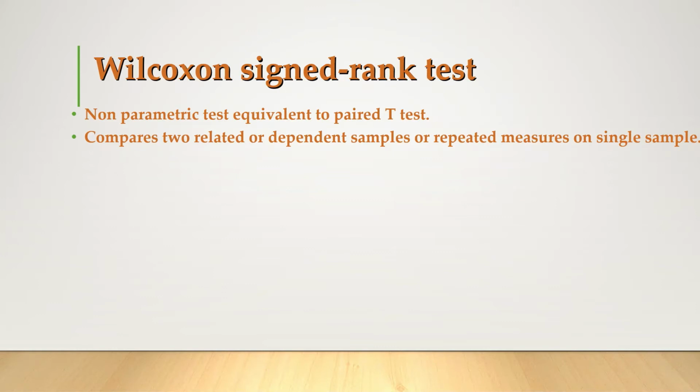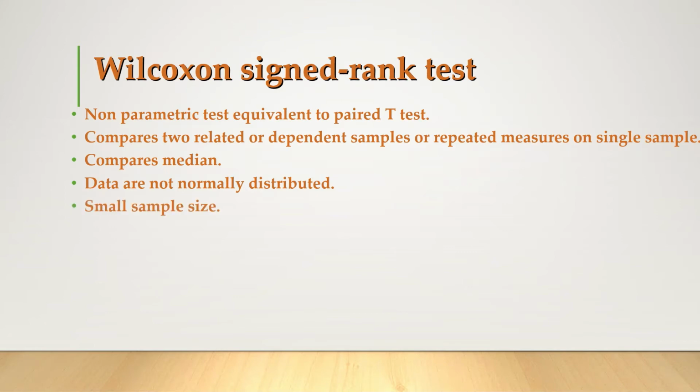You have the same participant and separate measurements have been taken on that participant or individual or case. So it's the same person, so the data are related or paired. Again, the test compares the medians, and the test is used for data that are not normally distributed.